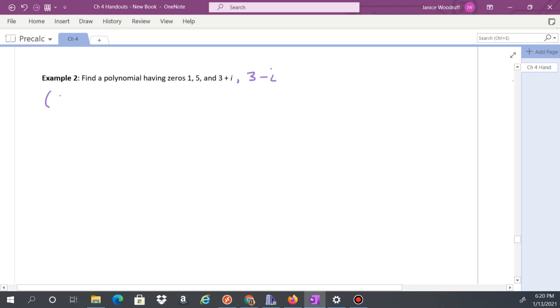So you've got x minus 1, x minus 5. Here is how you're going to tackle these. x minus, inside parentheses, 3 plus i. Okay, another parentheses, double parentheses there. x minus 3 minus i.